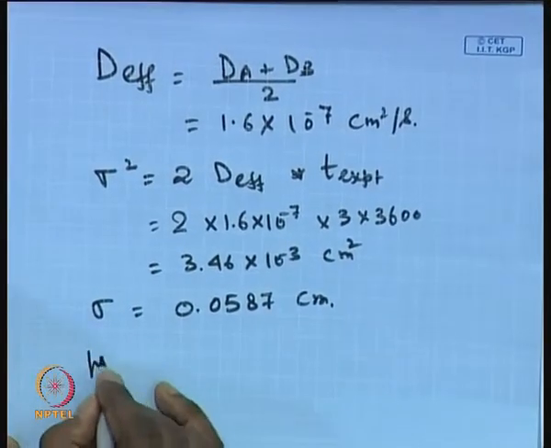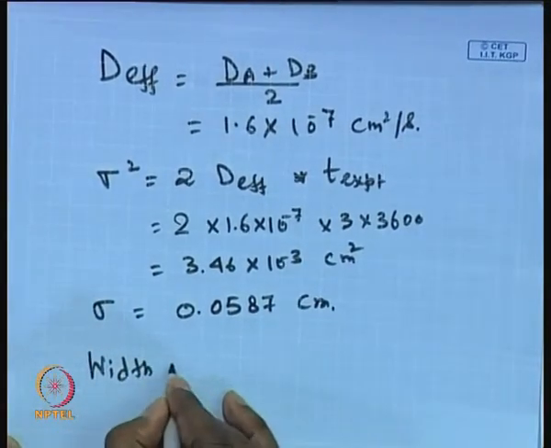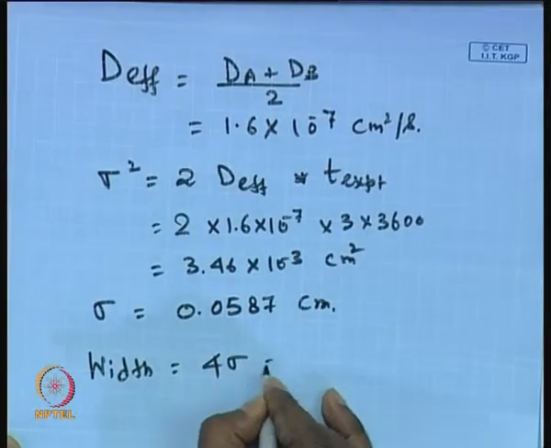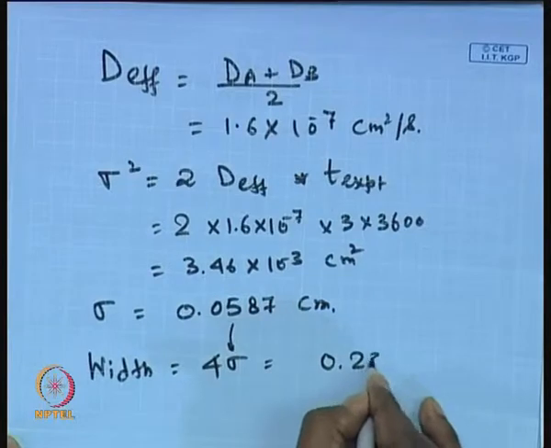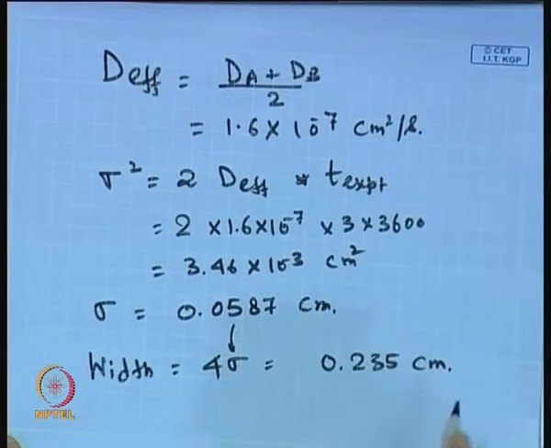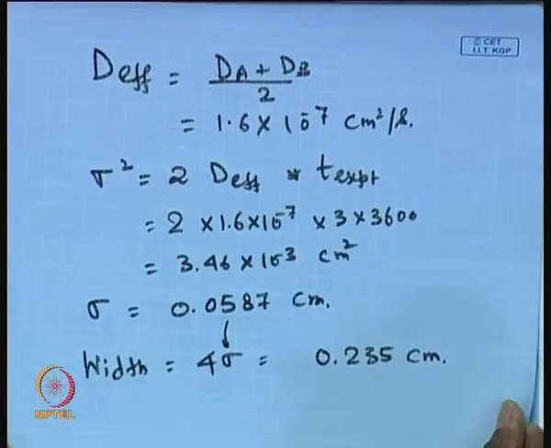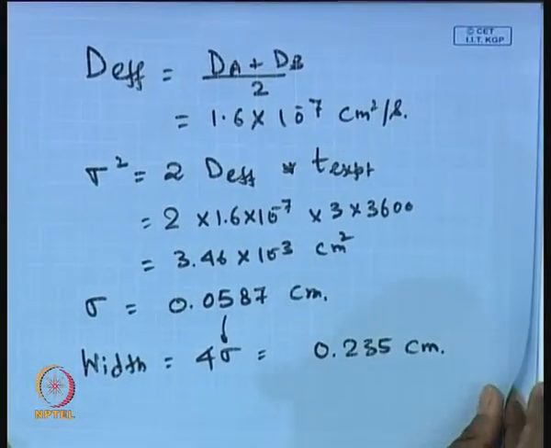The width of the peak becomes 4 times sigma, and if you put this value in, it turns out to be 0.235 centimeter. So, once you know the different parameters, you will be in a position to calculate the resolution of the peaks as well.